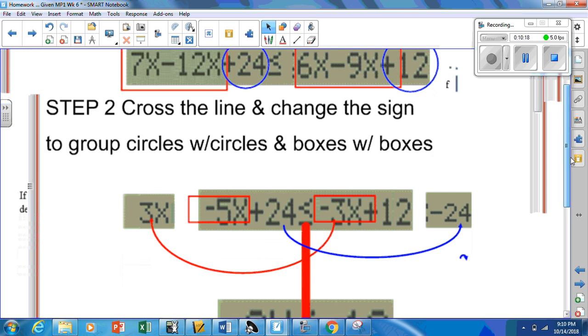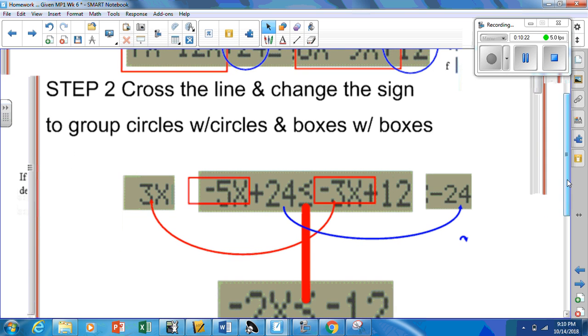Once I have combined all these values, I want to take my x's, my boxes, and put them together. My circles, I want to put them together. In order to do that, when they're on opposite sides of the equal sign, I have to use this rule: cross the line, change the sign.